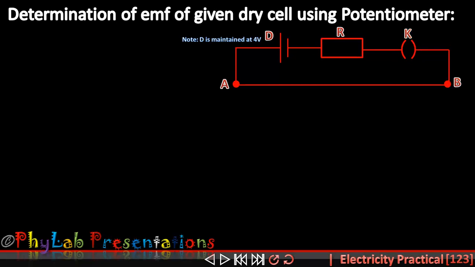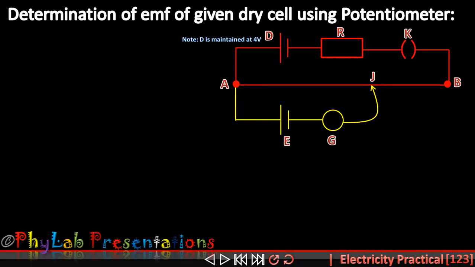Now in order to get the secondary circuit, I will have the unknown dry cell whose EMF I have marked as E, and this is what we are looking for in this experiment, followed by a galvanometer. The negative of the dry cell goes to one terminal of the galvanometer, and from the other terminal of the galvanometer I connect the jockey, and then I connect the positive of this dry cell with the end A of the potentiometer.